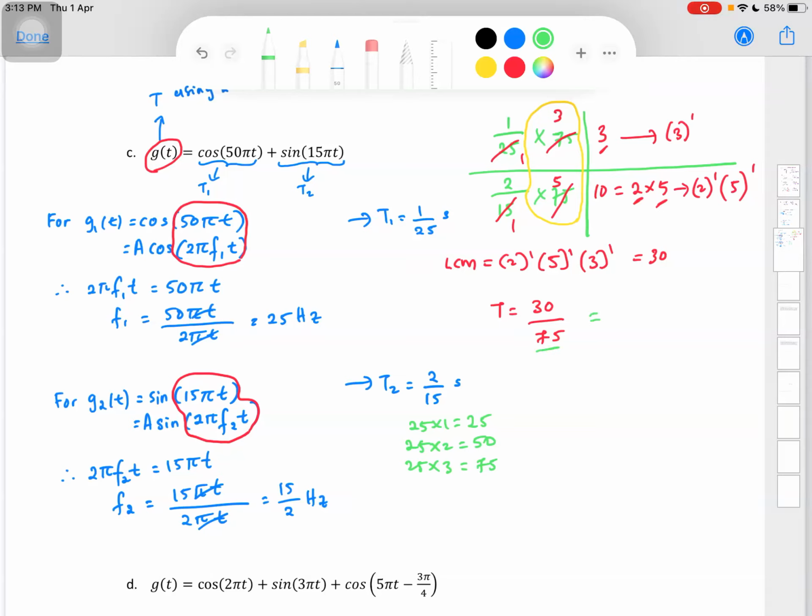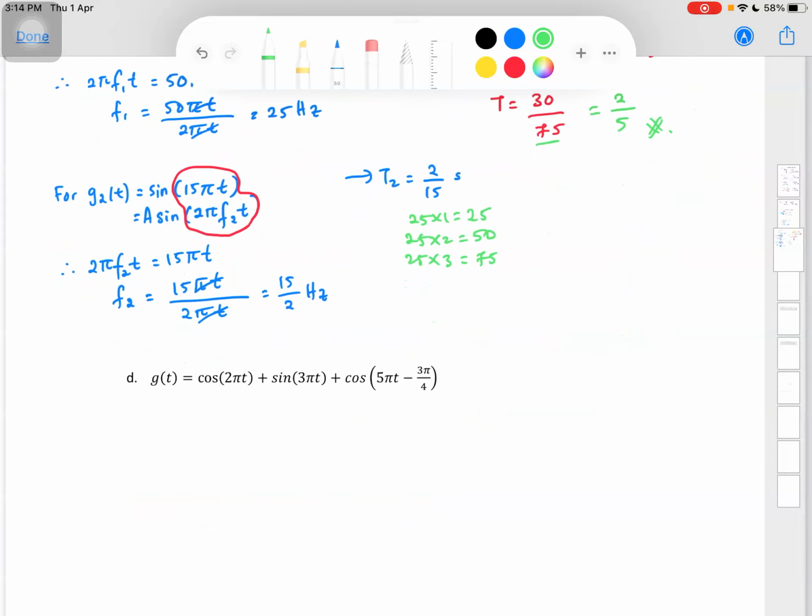Okay, we can reduce further. This one will be 2/5, and this is second.